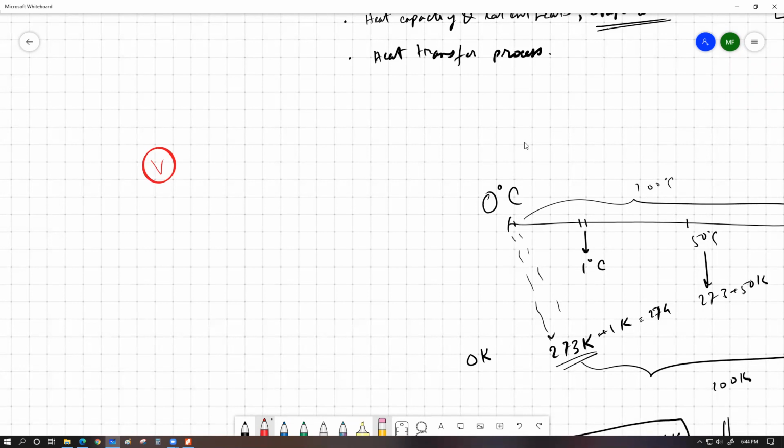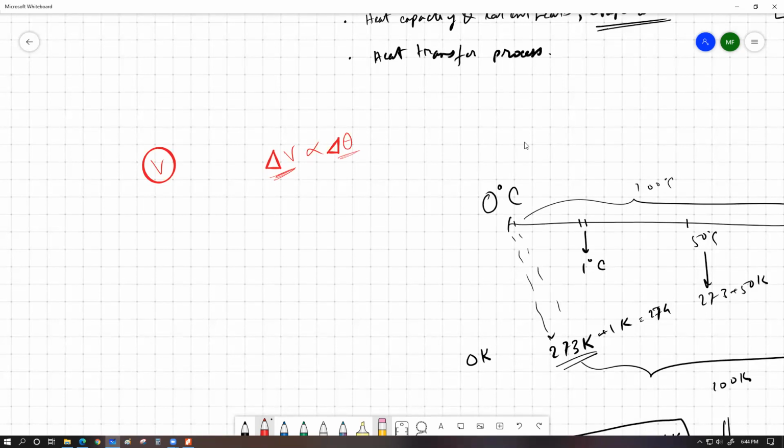So for quite a good number of liquids, we can use the relationship that delta V is proportional to delta theta, which means change of volume of a liquid can be used as a thermometric property. If we can measure the volume of a liquid precisely, we can convert that information into change of temperature as well. So that helps us to measure temperature.